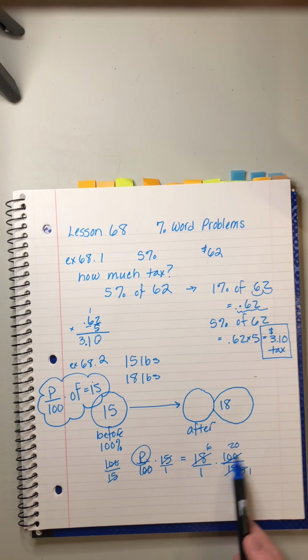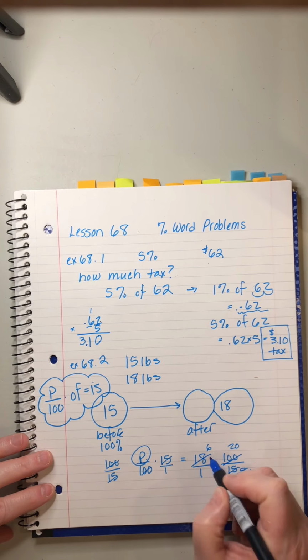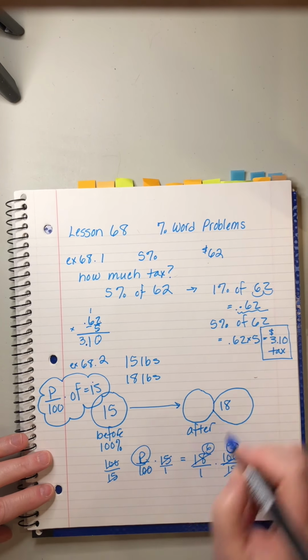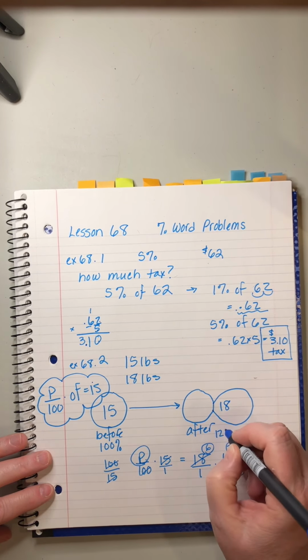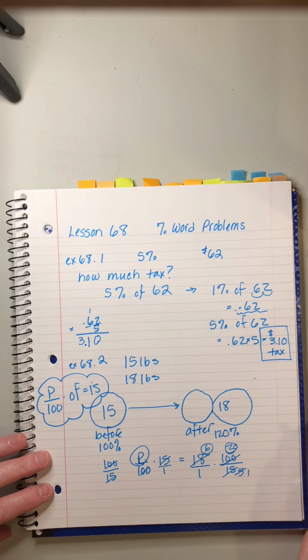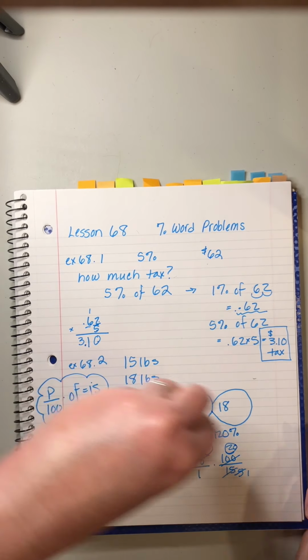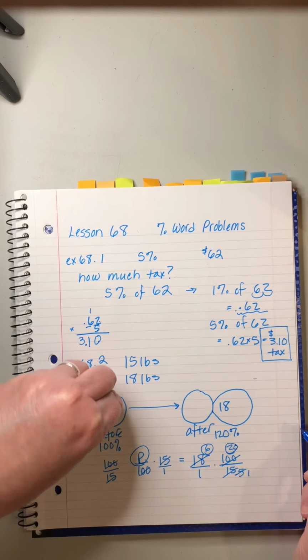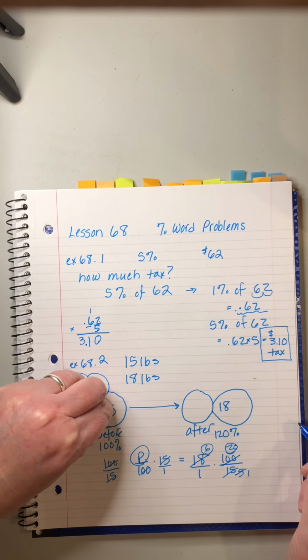Now, these are both even numbers, but they're in the top, so we can't cancel them. Once we see the bottom turn into 1s, we know that we've done all the work we can. What we find is that this ending percentage is 120%. That means the baby's new weight is 120% of his old weight.